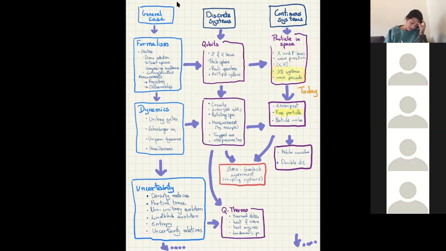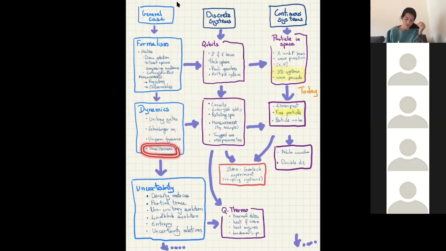Good. Then what we did next was to start with dynamics. And first we talked just about unitary gates, like the Hadamard gate or the Z gate or the X gate or the CNOT, right? Which is what we did for qubits. But we talked then about the Schrodinger equation in general, and then in particular about the case of uniform dynamics. So when the Hamiltonian does not depend on time.